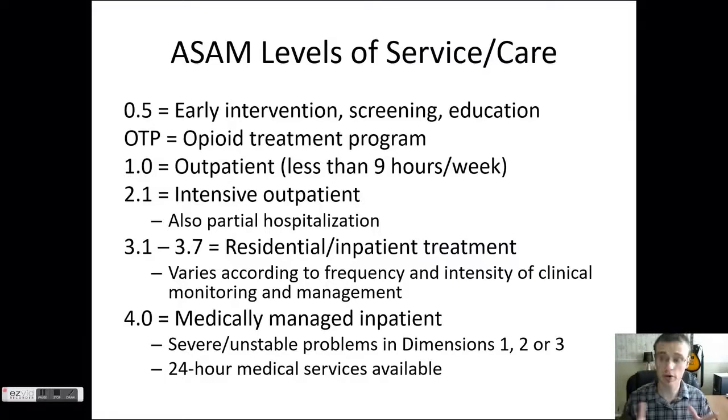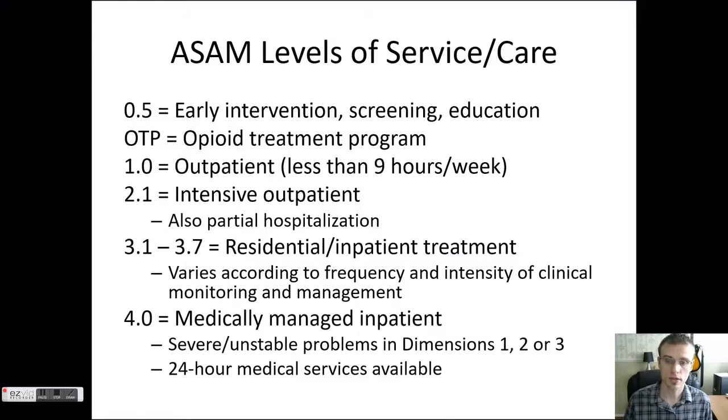Of course, wherever you're working, you're possibly going to be working for an organization that already has a provided level of care that they give. If your client's needs do not fit within the level of care that is provided by your organization, it is very important that you are familiar with referral sources in your area that can provide a necessary level of care.